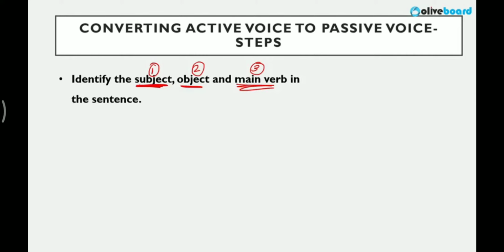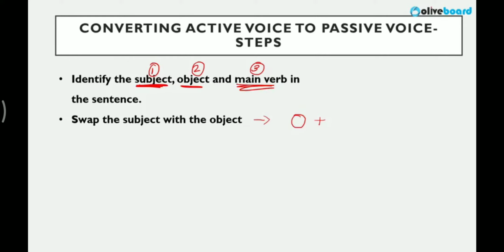Second step is swap the subject with the object. I'll show you with example. So where you put the subject in the sentence, just swap it. When you swap it, object will come first, then the verb, then the subject, right?